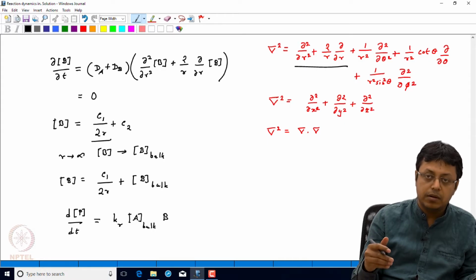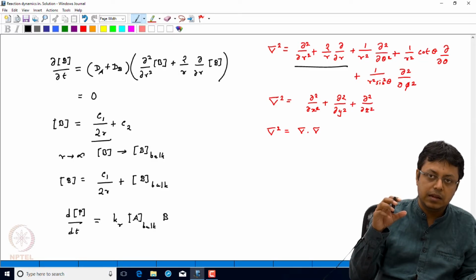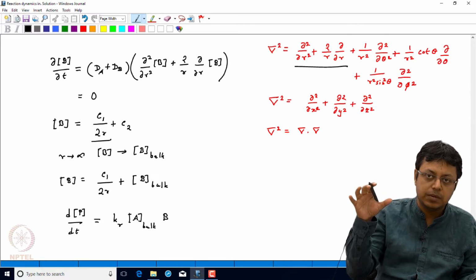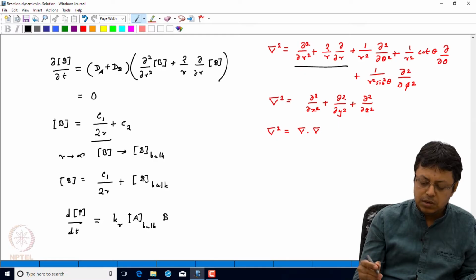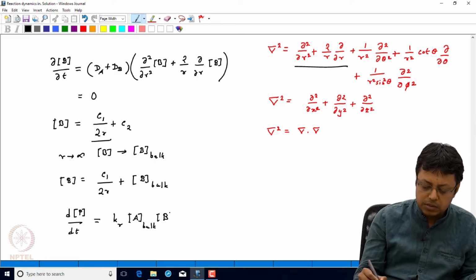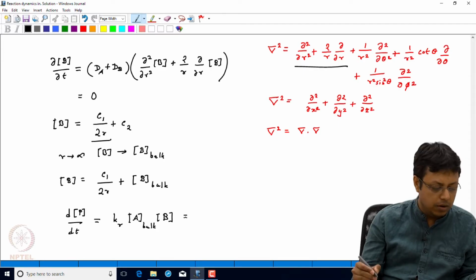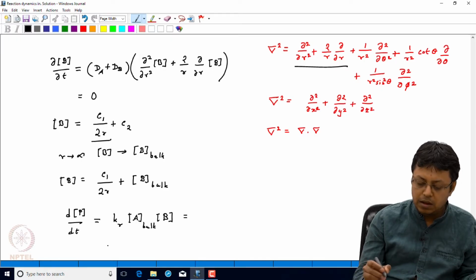The way I have drawn it, B is vanishing. The A concentration is not changing, because you can think of it like this: there is a bulk A concentration and only B is approaching, because it is all relative motion. So for B we have to consider the local concentration, and that is what we get if I integrate the B equation.